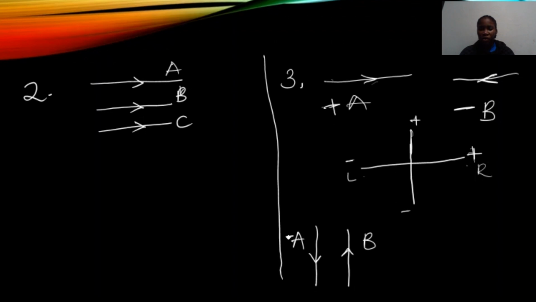So vector A will be assigned a negative value. B is moving upwards, and upwards is positive. So B will be assigned positive. So we have positive B and negative A.